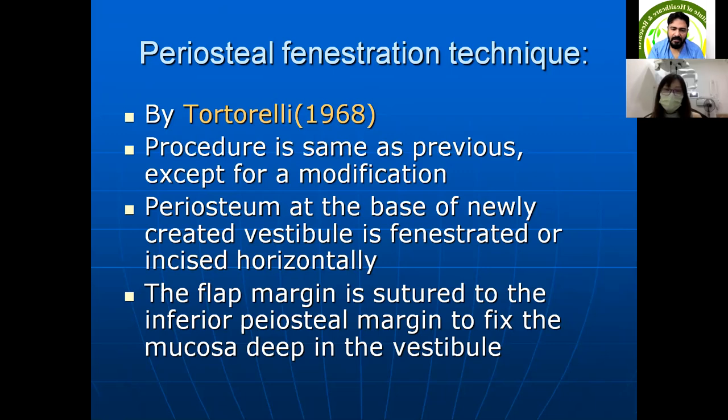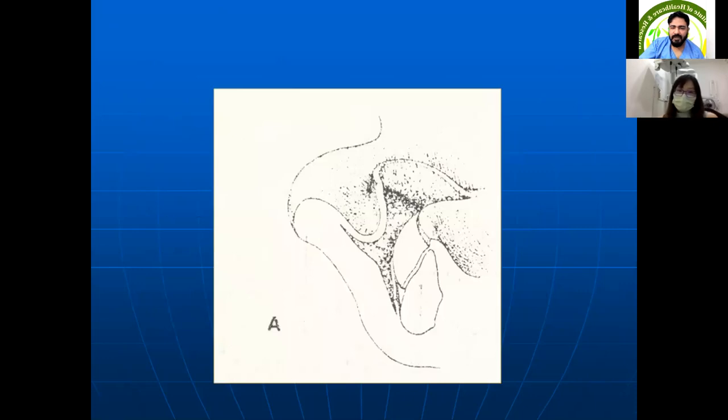Sometimes the suturing is into the lip wall, and sometimes the suturing is up to the lip wall continuing to the vestibule, just like that. So there are very minimal differences in these techniques.